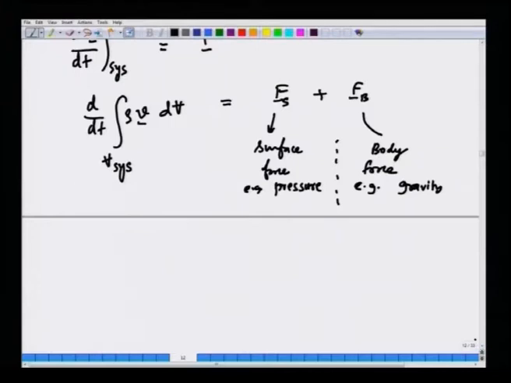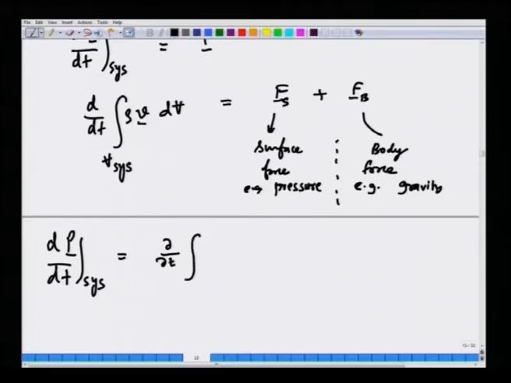We now use the Reynolds transport theorem to write dP/dt of the system as d/dt of the integral over the control volume of rho V dV. This is the rate of change of momentum present in the control volume. The control volume is not changing with time.